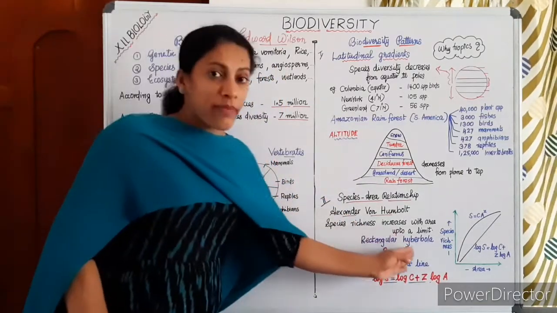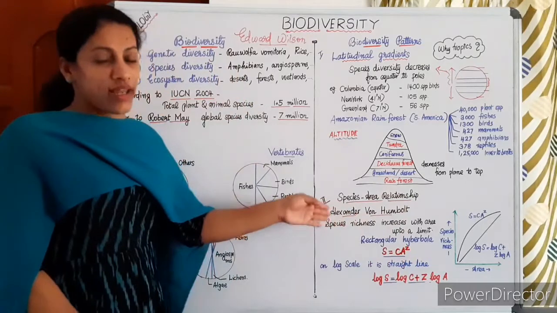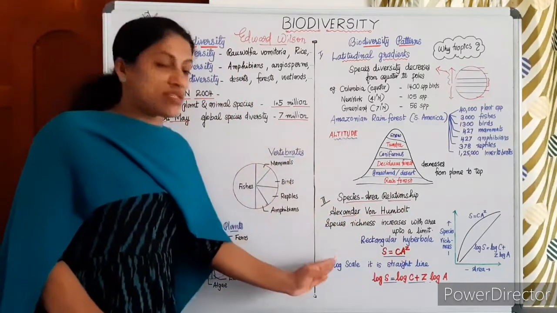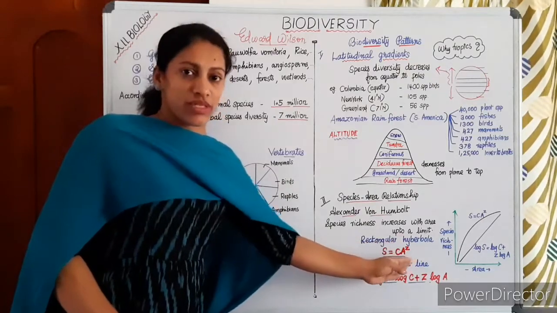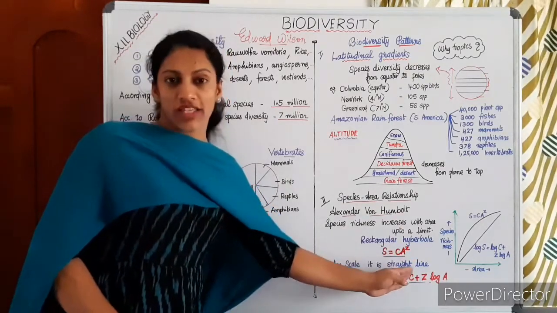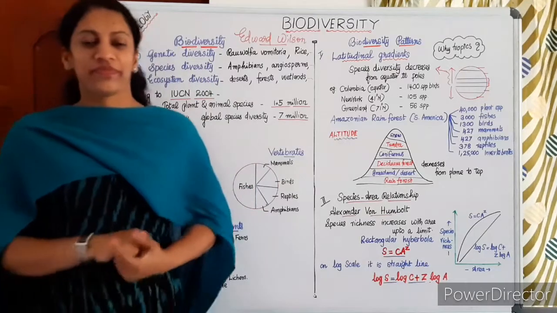It's a rectangular hyperbola, and on a log scale the species area relationship is a straight line, with separate equations: S is equal to C A raised to Z, and log S is equal to log C plus Z log A.